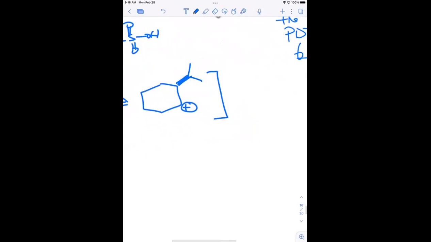All right, so now we have this sulfuric acid conjugate base out here. We have water out here.